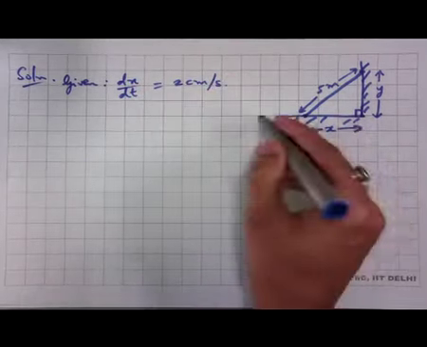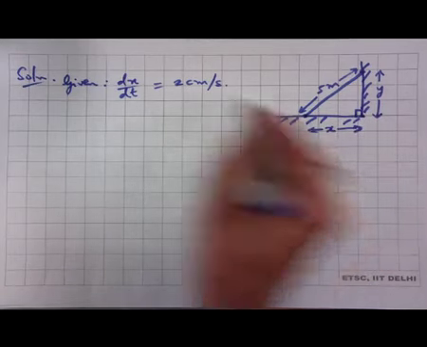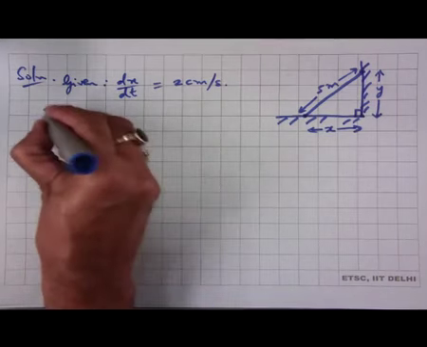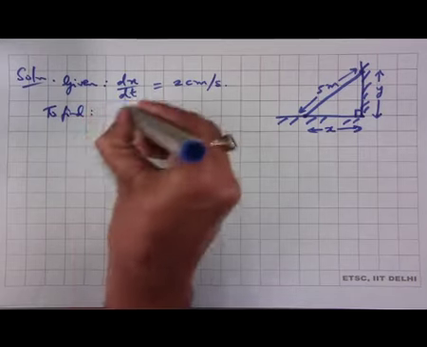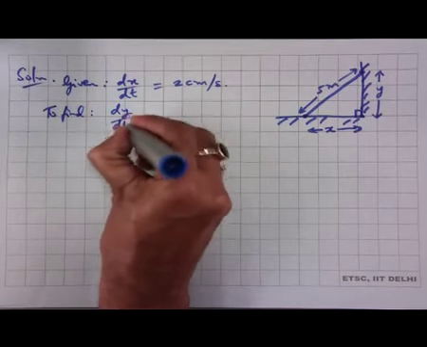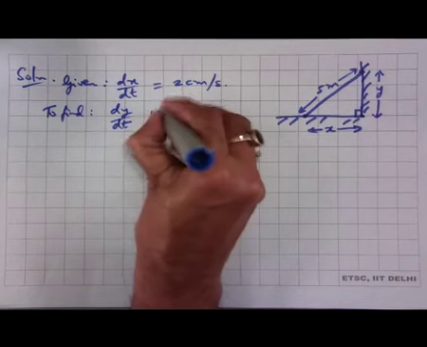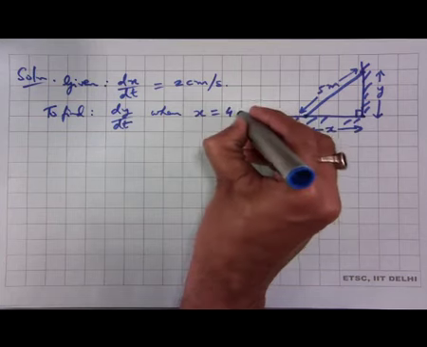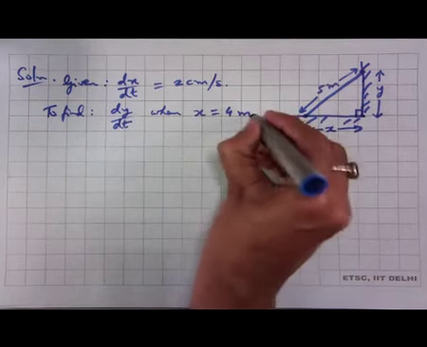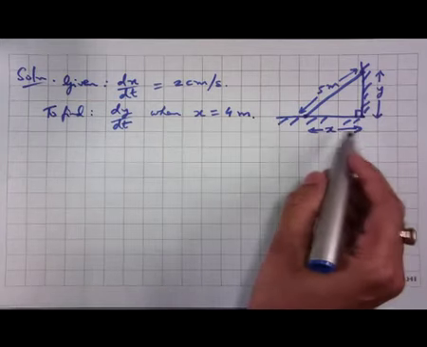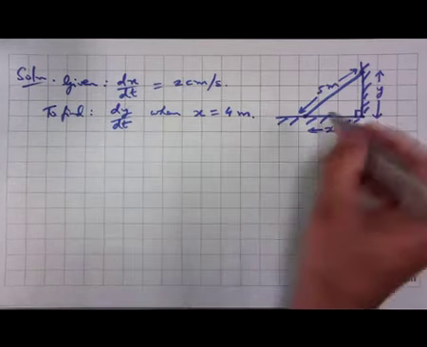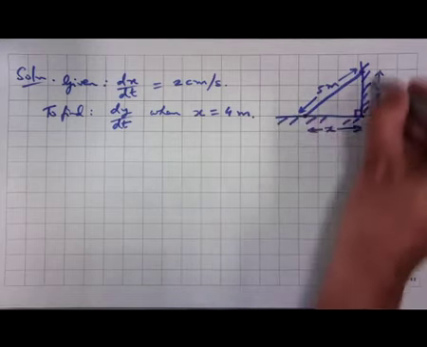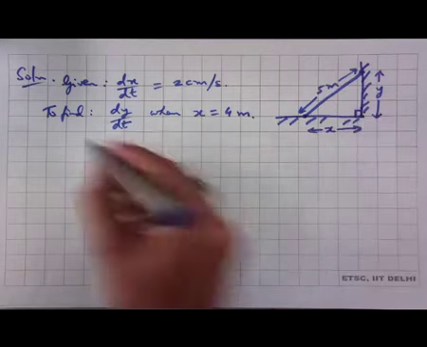Because it is pulled away from the wall, x is increasing with time, so this is with positive sign, and we have to find dy/dt when x is equal to 4 meter. When the ladder is pulled along the ground, x is increasing and y will be decreasing. So, dy/dt will come out to be negative.